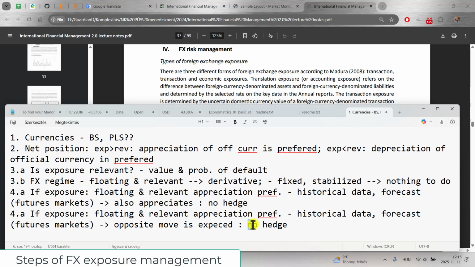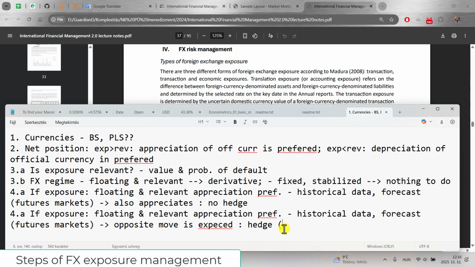The opposite move is expected. In this case, we have to use hedging. But still, we have a huge variety of options here, not just options. So one way is that if we have more expenditures than revenues in this currency, then maybe we should just realize or raise revenues in this currency as well.